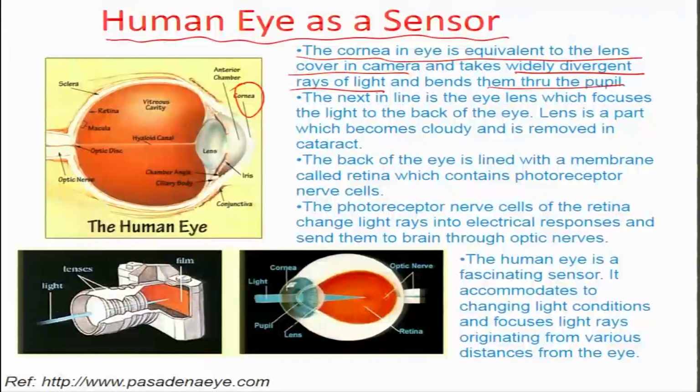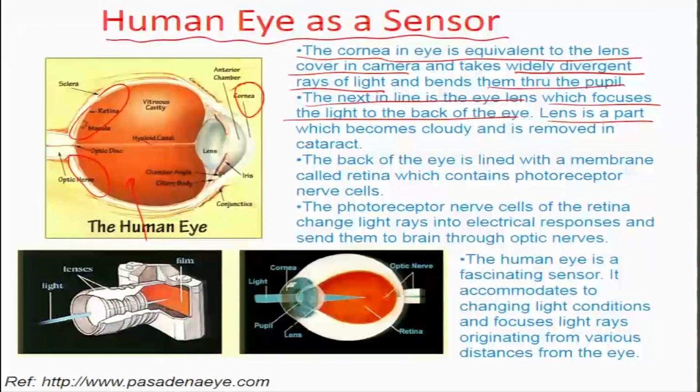Okay, so this is the inner cavity of the eye, and the retina is somewhere at the back, the lining here, for example, which has thousands of opsin proteins which change their nature and form in order to sense. The next in line is the eye lens, which focuses the light to the back of the eye.